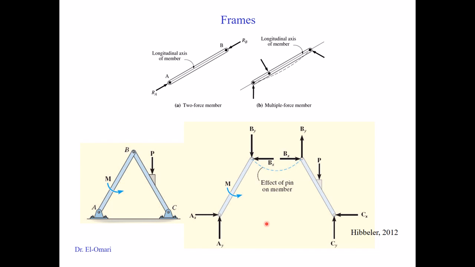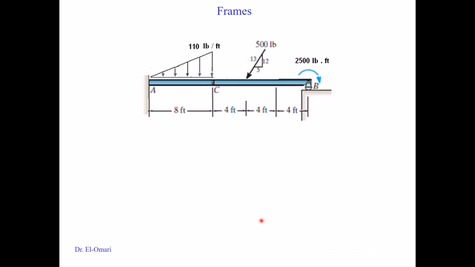Let's see this in a numerical example. This beam is fixed at A, with a rocker support which acts as a roller support at B. It's also pinned at C. If we draw the support reactions, a fixed support would resist vertical movement and horizontal movement.